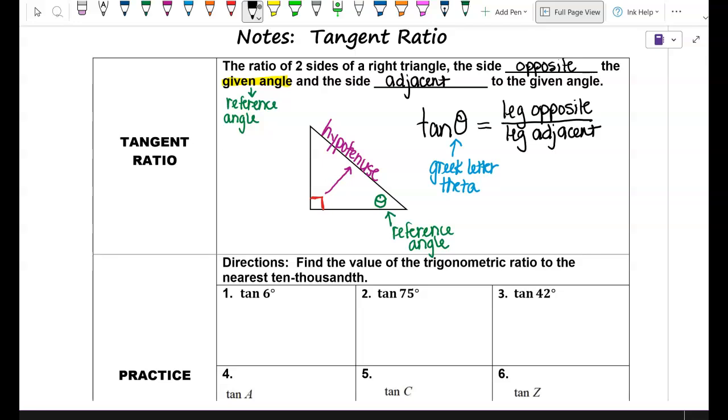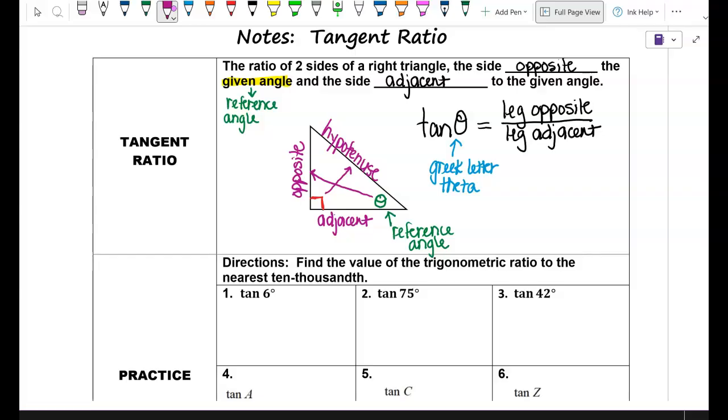Where is that theta? Because that's what we're looking for. So across from it, we would call that opposite. Next to it, we call that adjacent.